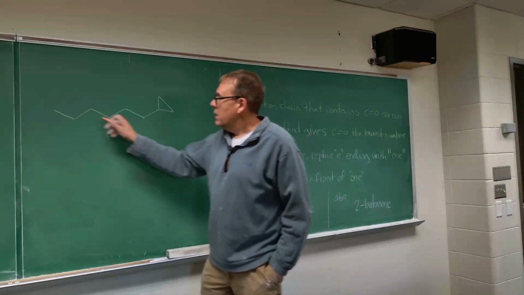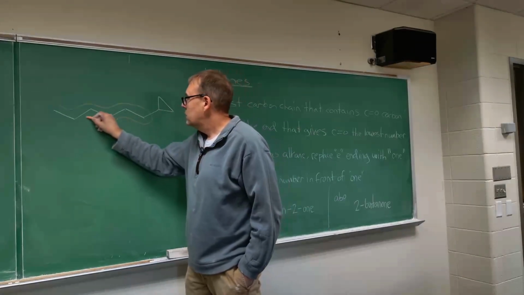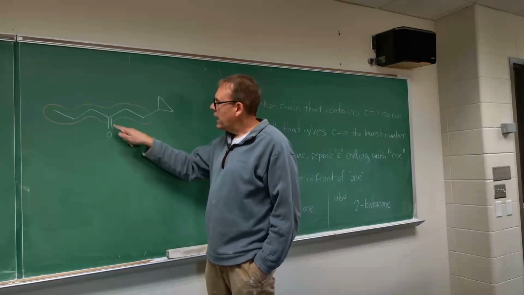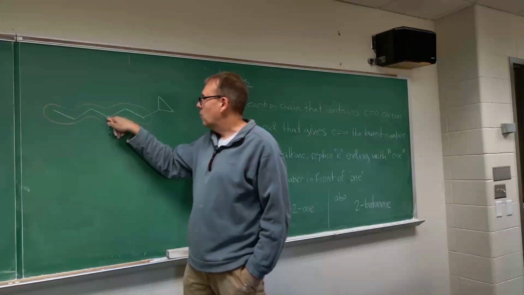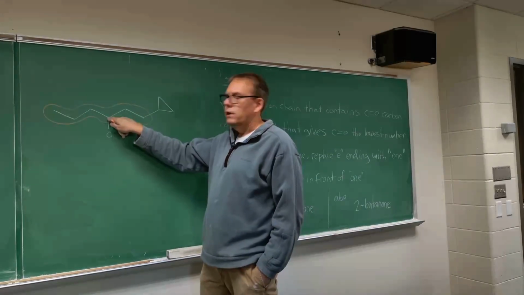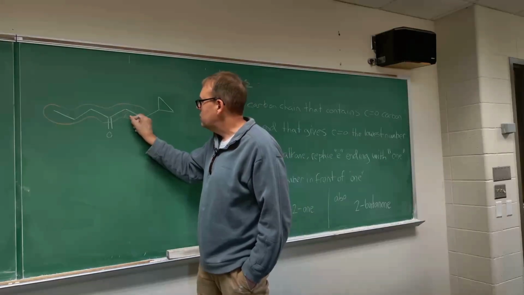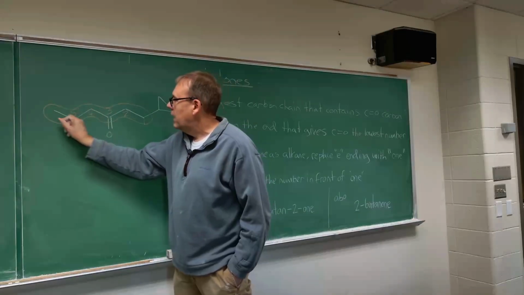So you would name it as a ketone in this chain. We got to give this the lowest possible number. If we started here, it'd be 1, 2, 3, 4. If we started here, it'd be 1, 2, 3. So we have to start from this side, give it a 1 here, a 2 there, a 3, a 4, a 5, and a 6.